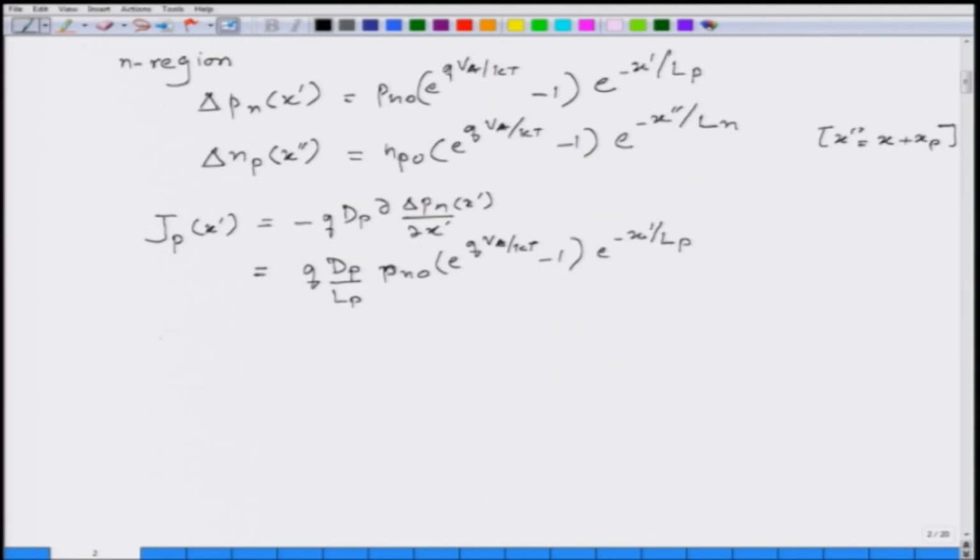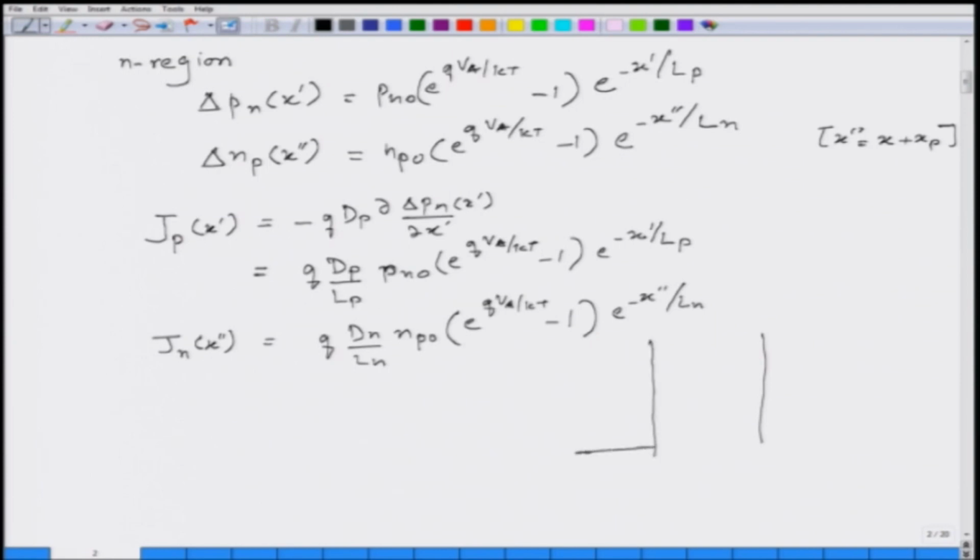Similarly, the current due to the electrons on the other side can be written as q D n over L n times n p o, and this term remains the same here for electrons also, with exponential minus x double prime over L n. So, what we are talking about here is an expression for an exponentially changing current due to the injected holes.